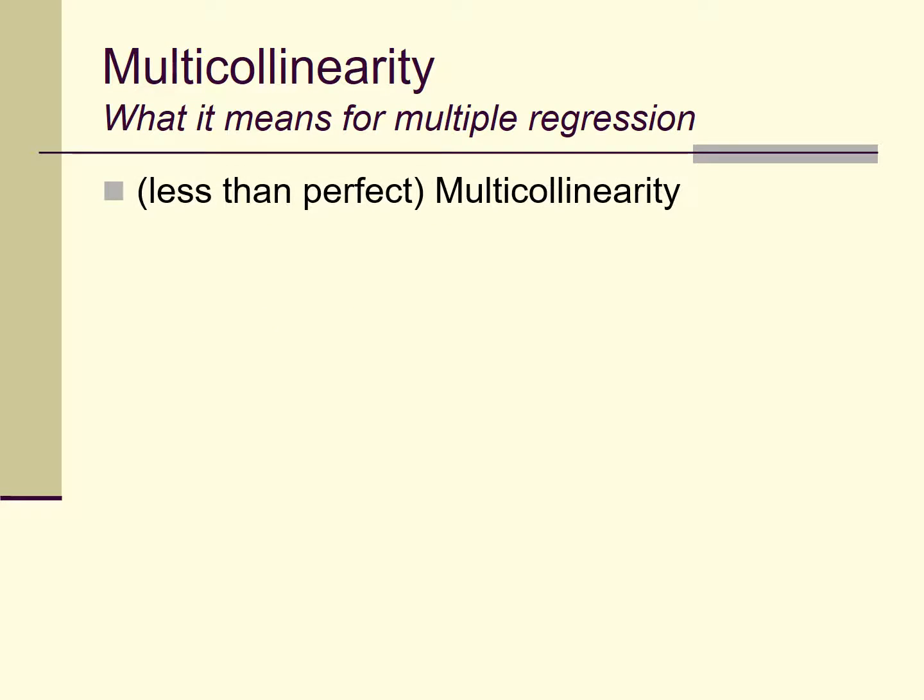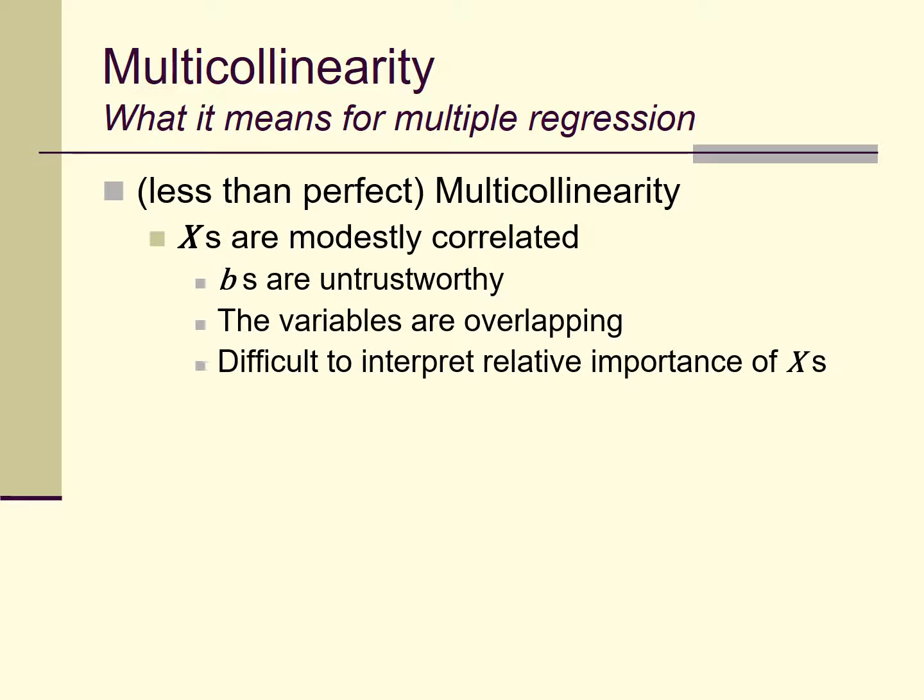But what does often happen in real life, at least in non-experimental designs, is that we have less than perfect multicollinearity. Situations in which our predictor variables are modestly correlated with each other. Now, this isn't necessarily bad, but it can lead to problems where the regression coefficients, those little b's, become a little bit untrustworthy, meaning it becomes difficult to interpret what they mean if you have a model which consists of multiple predictor variables which are to some extent correlated with one another.